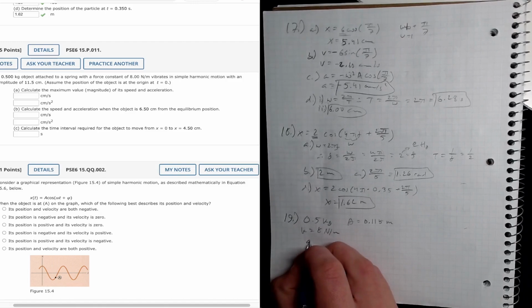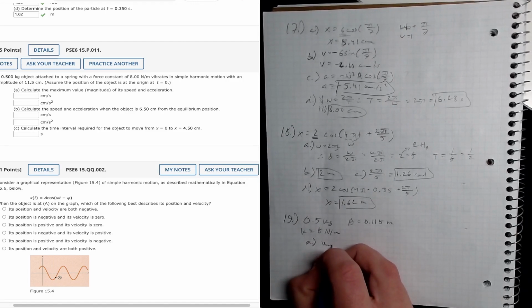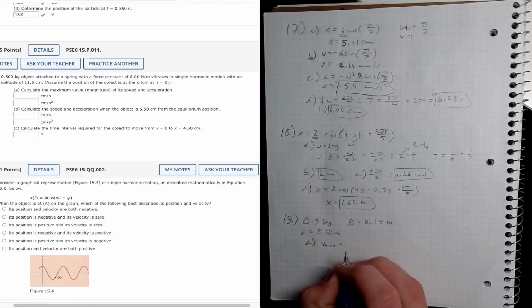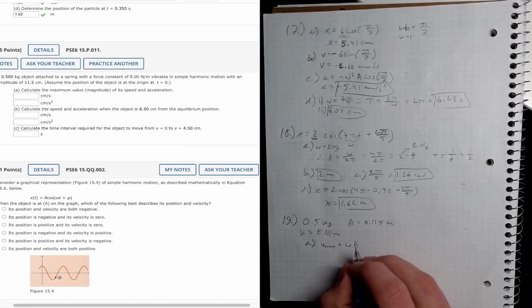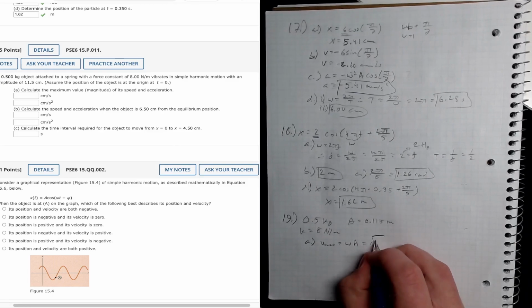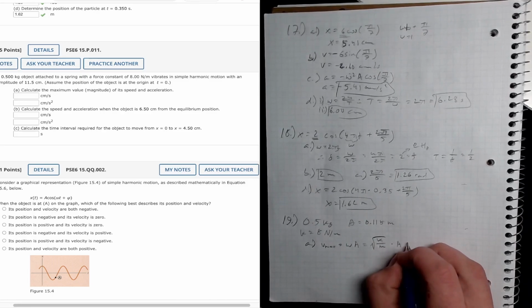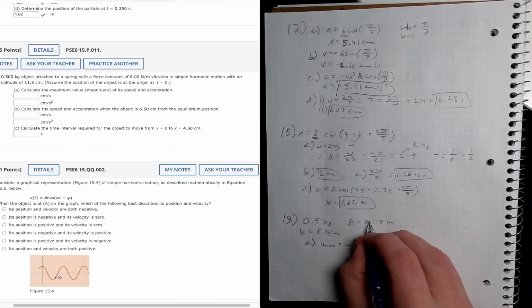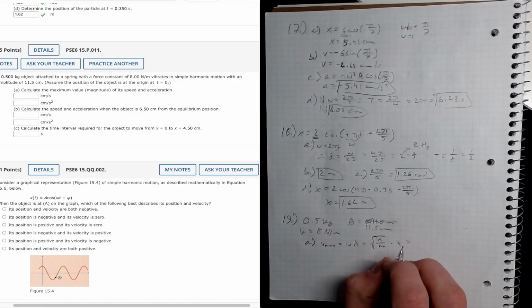Alright, so v max equals wA, equals the square root of K over M times A. Oh, it's in centimeters, so we can leave this in centimeters, 11.5 centimeters.